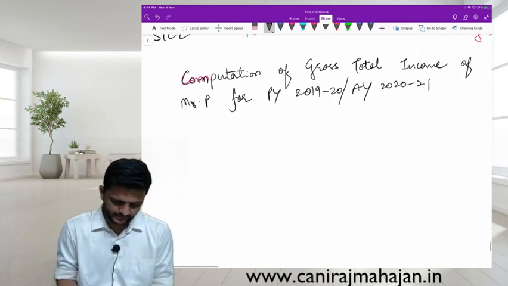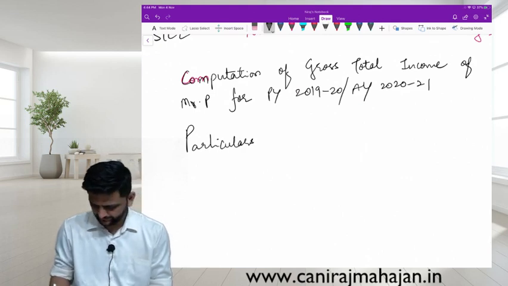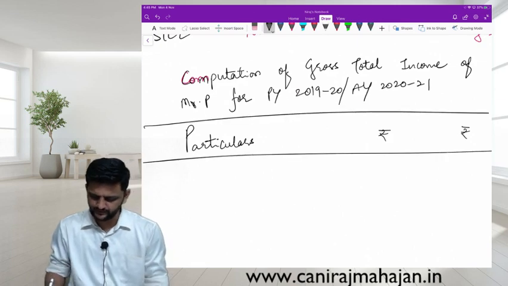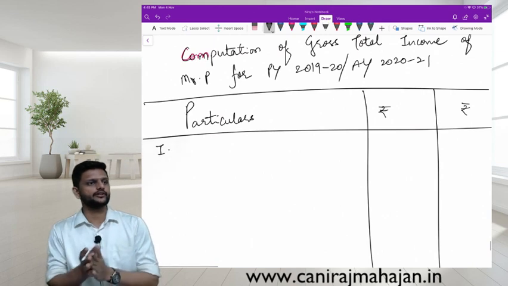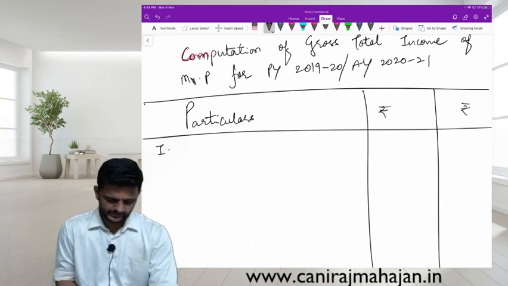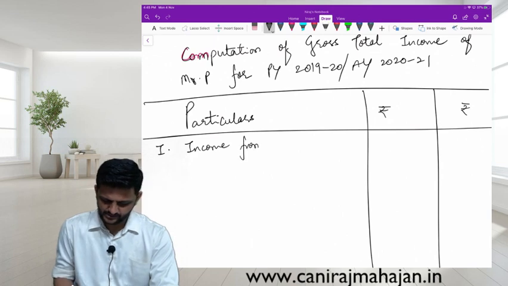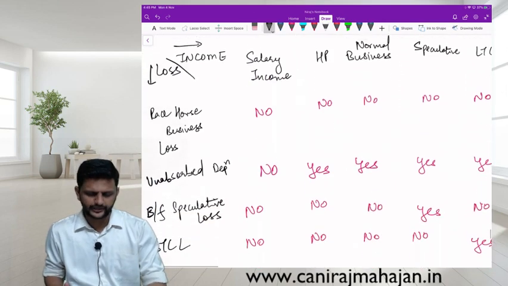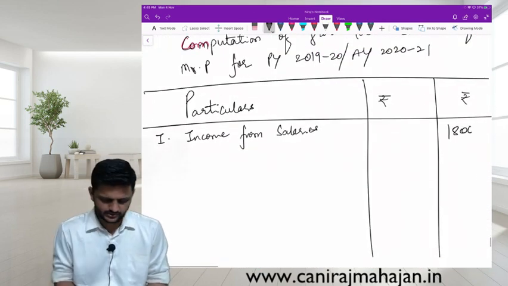Particulars, rupees. First income, which head of income? Salaries, as is. No set off at all, so directly take the outer column. How much? 18,000.